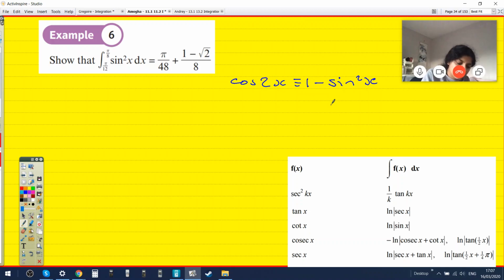So sine squared x is equal to 1 minus cos 2x over 2. Isn't it cos 2x is 1 minus 2 sine squared x? I'm sure you're right. I'm not sure, but I think it is. You know more about it than I do.